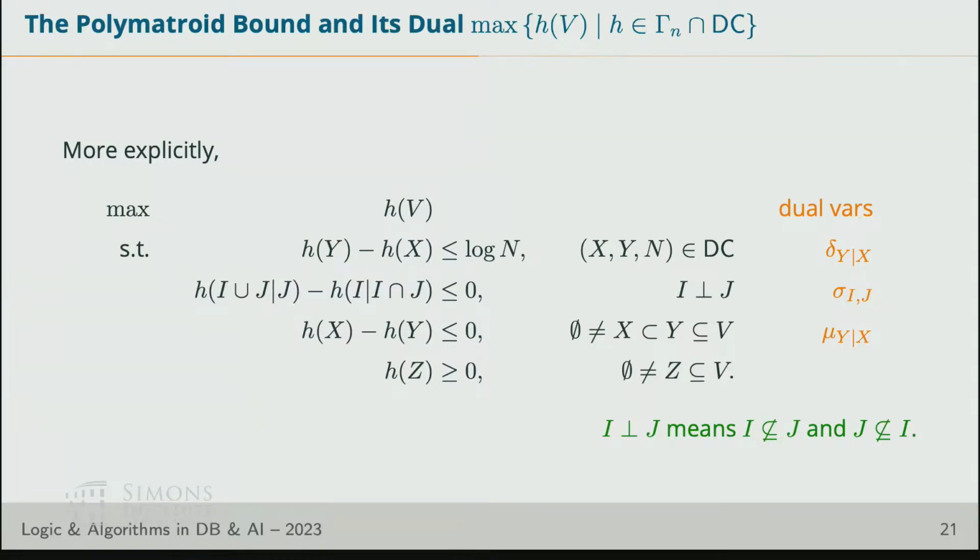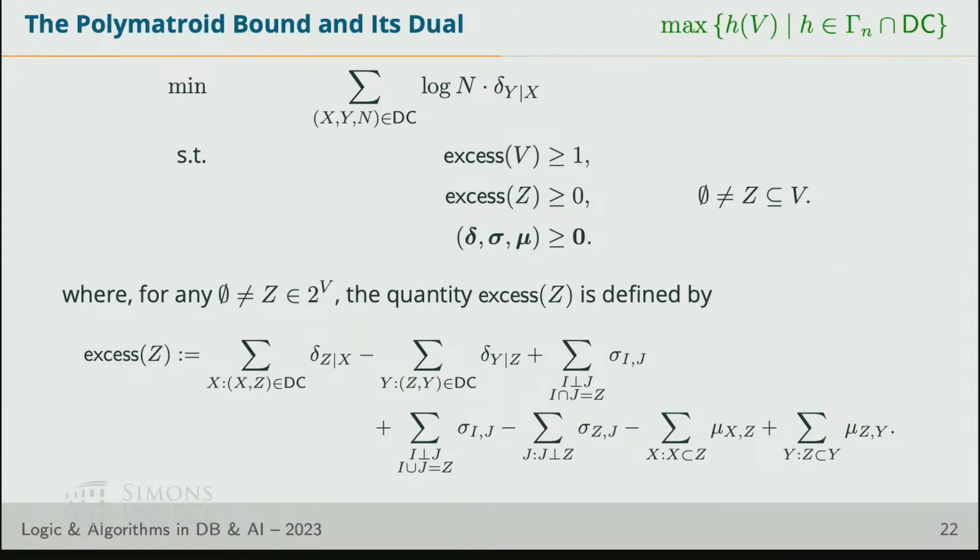And now, when we write down the dual of this linear program, so one way to solve this linear program is just to solve the dual, it will have the following form. So this will be min over the dot product between the delta and the log of the degrees. This is very much like in the fractional edge cover bound. You take the dual, it's precisely the same quantity as in the fractional edge cover bound, except that the constraints are more complicated.